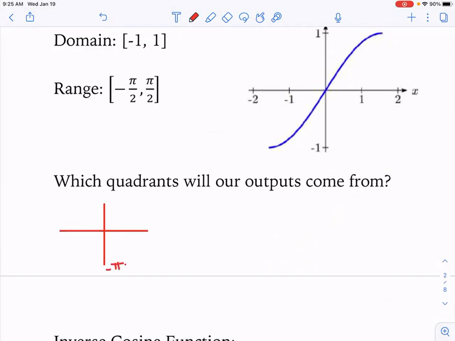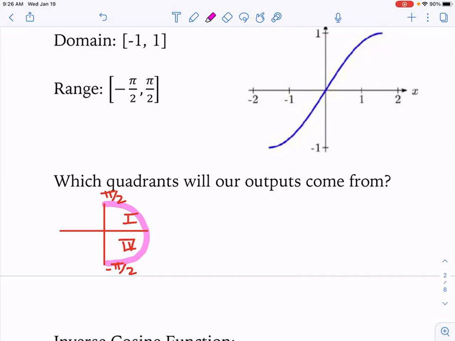Here's -pi/2. Here's +pi/2. So in the first and fourth quadrant, we are going to be able to pick angles in those two quadrants to be the output or to be the answers of an inverse sine function. Okay, what does that mean?